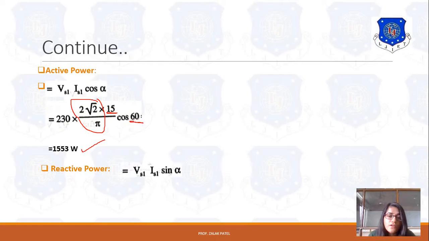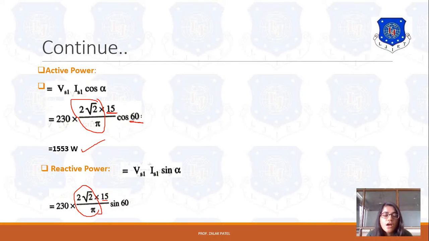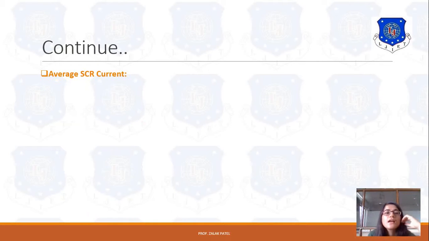If we put in all the values, it looks like this: 230 is the supply voltage value, into 2 root 2 upon pi, which is as it is for the supply current, and this is the supply current, and sine 60 is our firing angle. So if we put in all the values, we get the answer 2689.95.